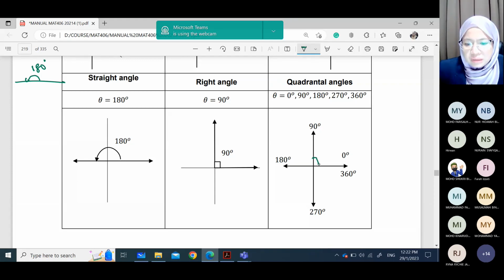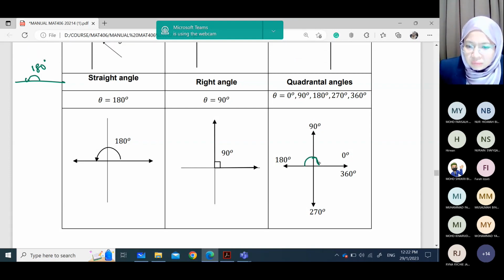Kalau you putarkan, gerakkan angle dia kat sini, membawa kepada 180 darjah, bawa lagi 270 darjah, sampai sini 360 darjah. Okay, dia berputar daripada sini, daripada first quadrant. Okay, so kita ada empat pecahan: first quadrant, second, third and fourth.